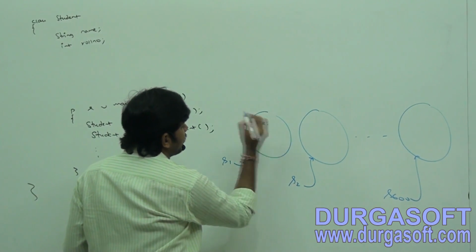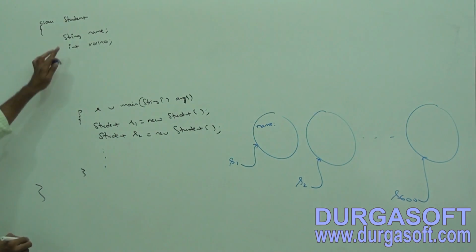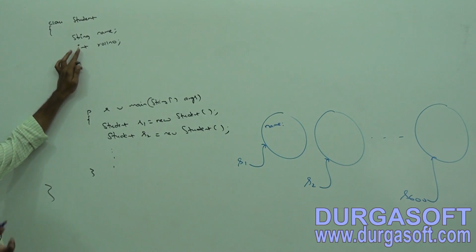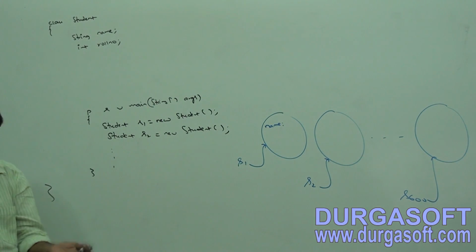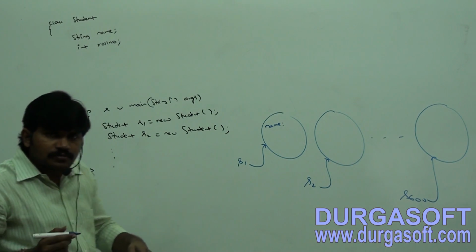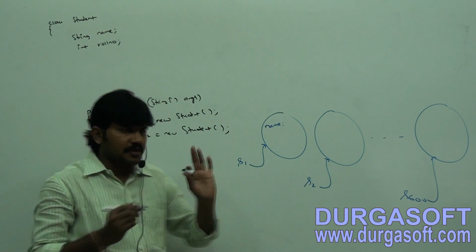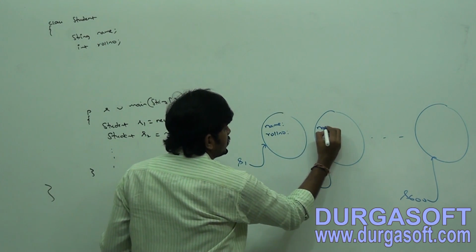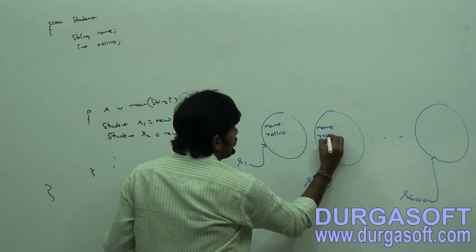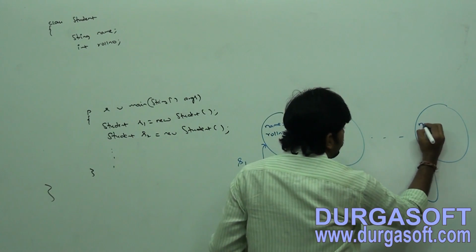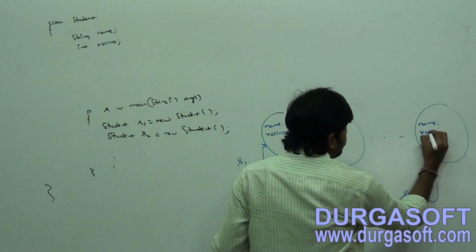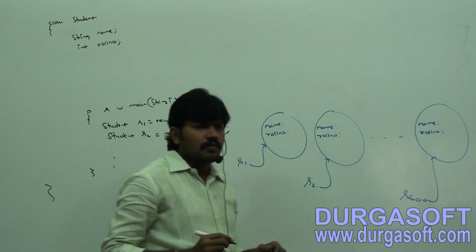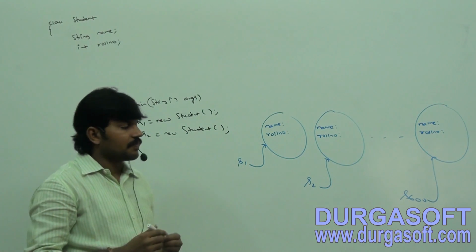For every student, a separate copy of the instance variables will be created. You know, an instance variable is always part of an object. For every object a separate copy is created by default: name, roll number; name, roll number; and so on.